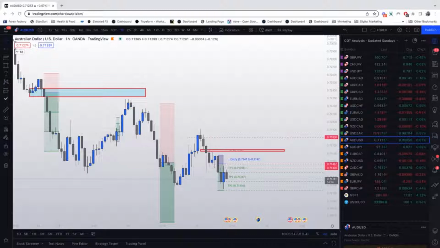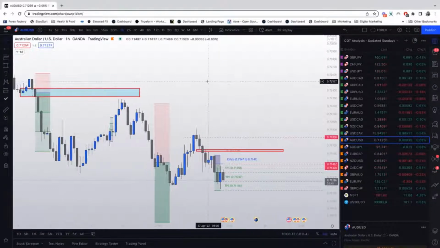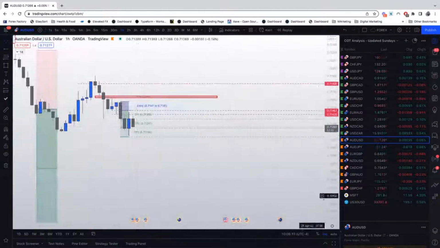So I think these live sessions would probably last max 30 minutes, an hour at most, because it doesn't take a lot of time to get in and out of some moves. And this is an example of one where none of us did the work here to create this trade idea, right?